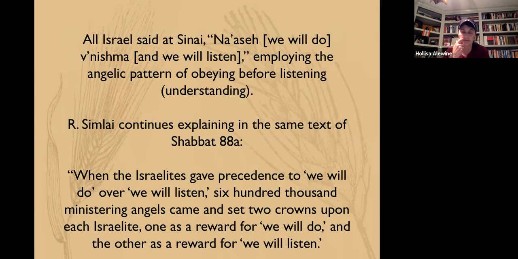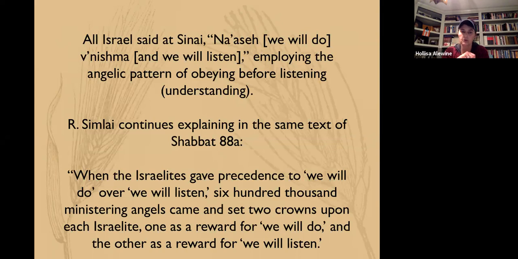They come together. So in Shabbat 88a, it continues. It says, when the Israelites gave precedence to we will do over we will listen, 600,000 ministering angels came and set two crowns upon each Israelite.